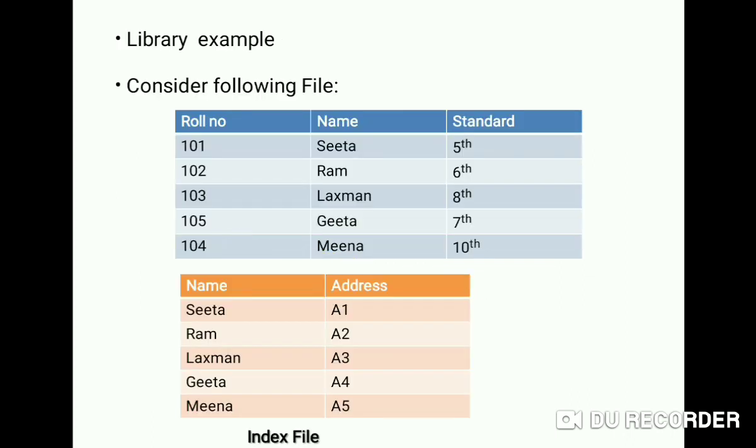You can take one more example, like a huge library, such as the central library in your college. If you want to locate a particular book, what index can you form to manage that library?